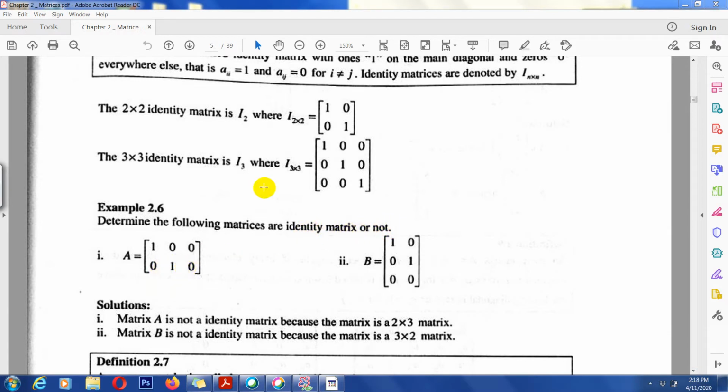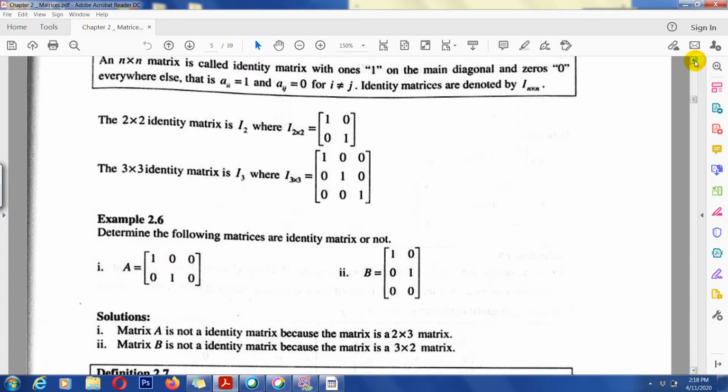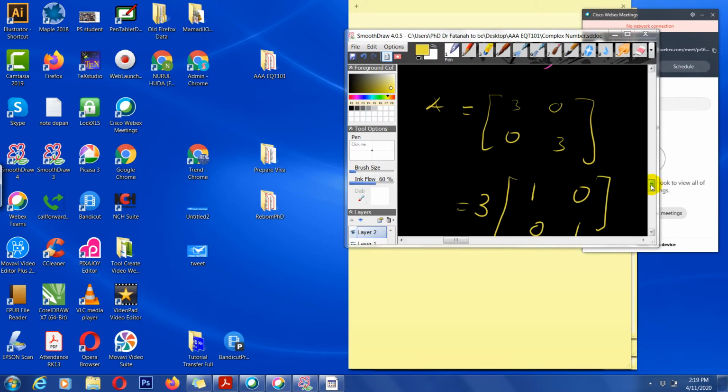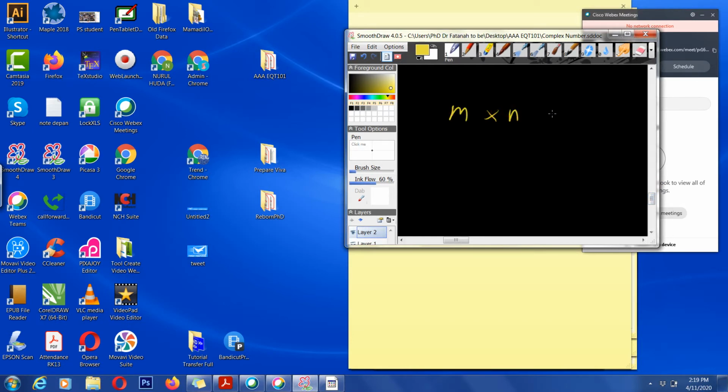Is this an identity? No, because we should have another row here, 3 by 3. We do not call this an identity, because the definition has a_ij equal to 1 when i equals j and 0 if i is not equal to j, and it should be a square matrix, n by n. If we have m by n, we can have 3 by 2, 2 by 3, 5 by 2, but the condition should be n by n.